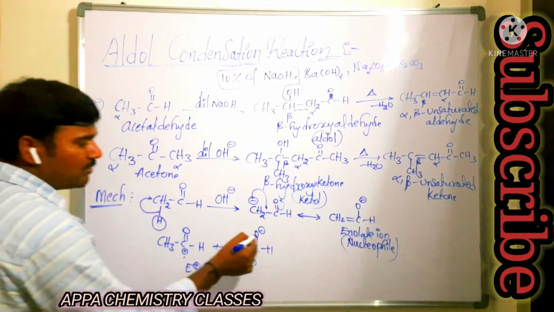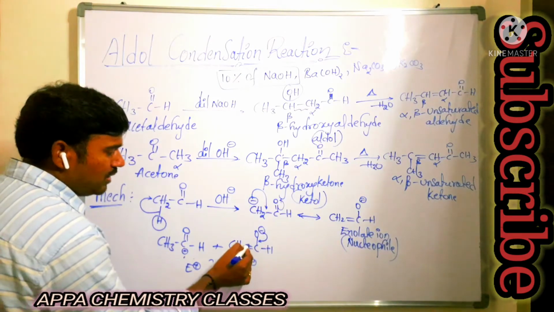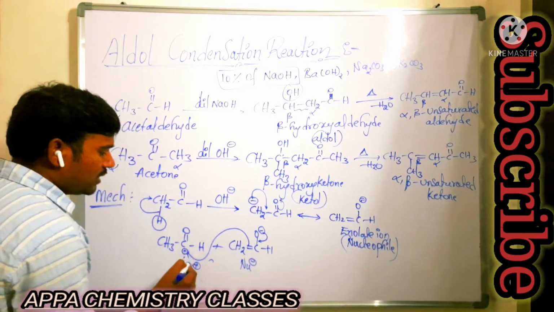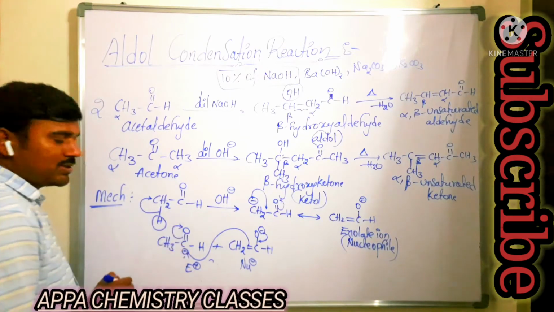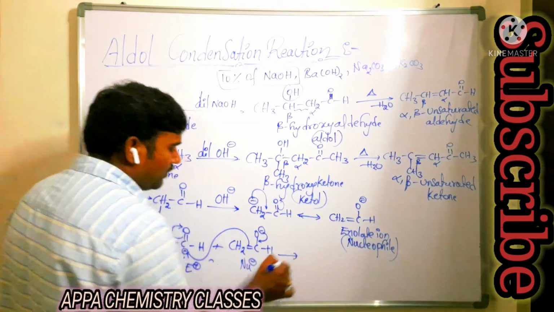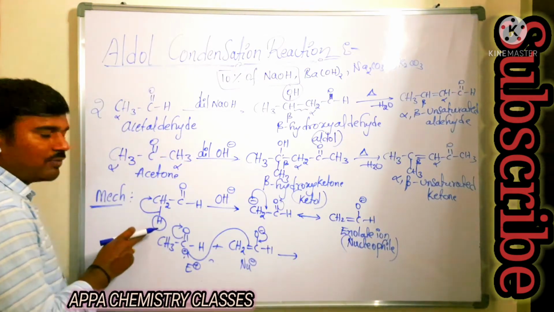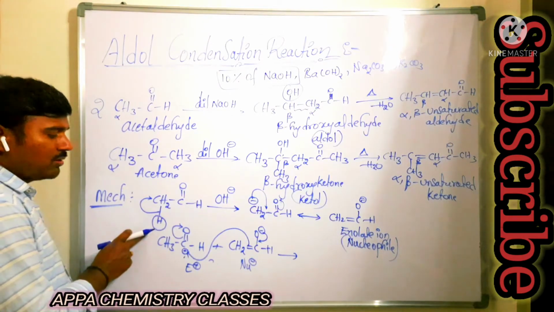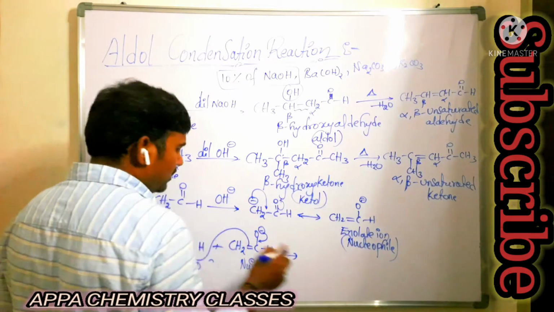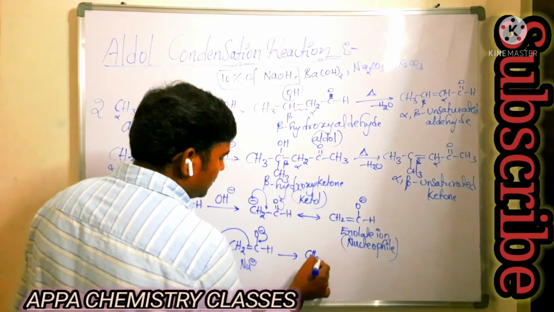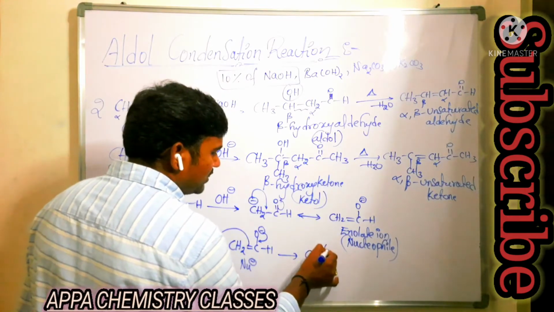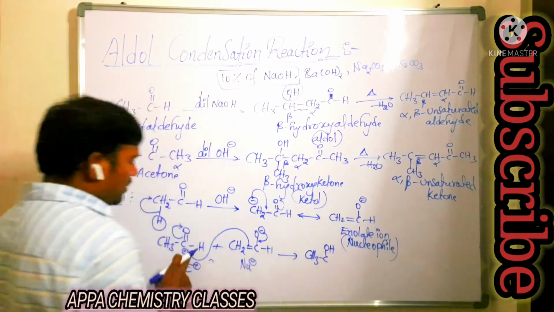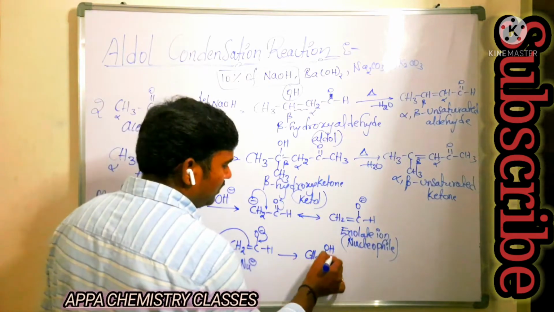Now in this case, when the negative charge comes here, the pi bond attacks this carbonyl carbon. This oxygen gets the negative charge. Then the hydrogen ion which is released here, that proton, will attack this oxygen, CH3 O minus, and it becomes OH. Now this carbon has the hydrogen.